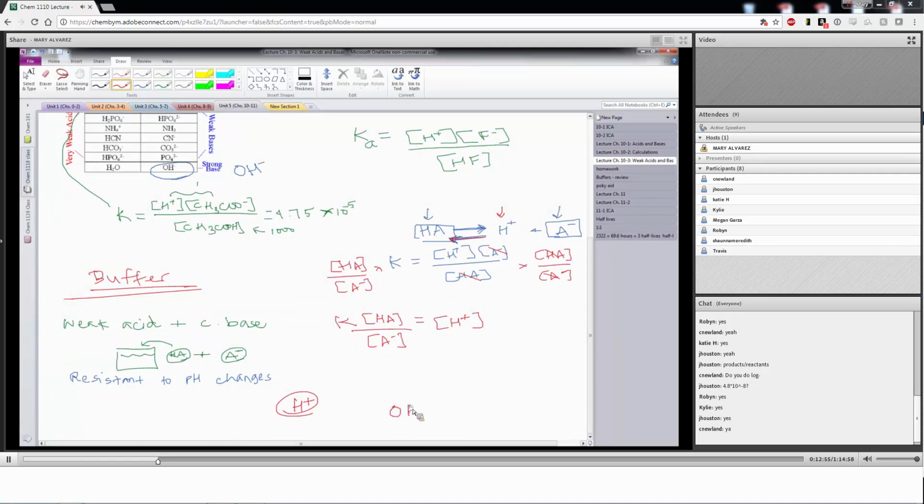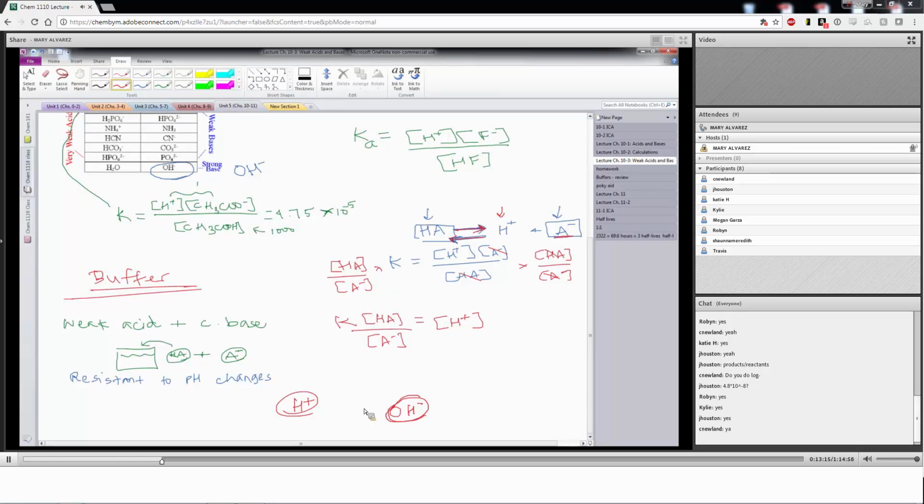Or if I add hydroxide, then this strong base hydroxide will immediately react with the weak acid here, pulls off this hydrogen to make water, which is neutral. That pushes this reaction this way, and leaves me with this weak base here.